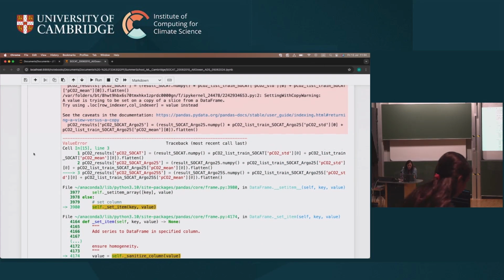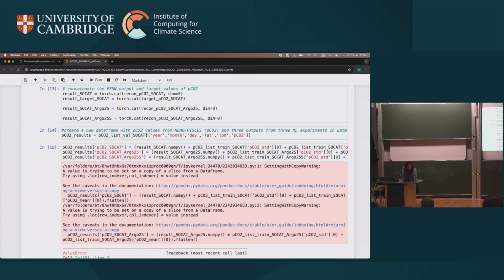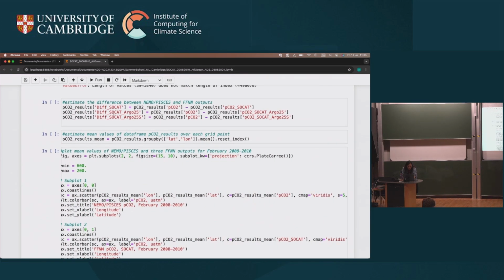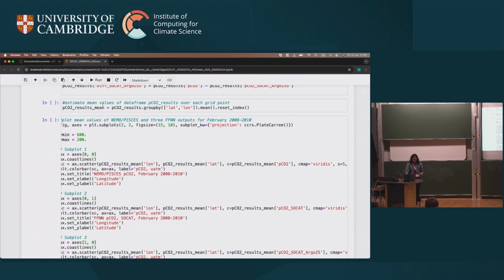If you go further, normally here we go from normalized pCO2 to the real value of pCO2. We multiply by the STD and add the mean value back. Here we calculate the difference between the reconstructed data and the data from the NEMO PISCES model. It will be the difference that we will plot further, and we calculate the mean of these values.